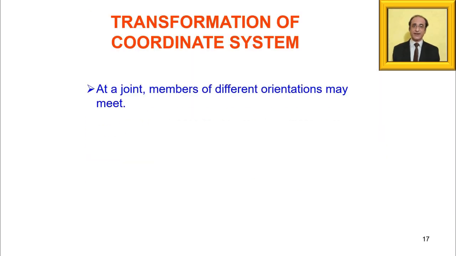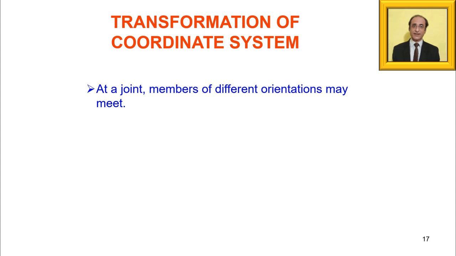Okay, now why do we need coordinate transformation? We need coordinate transformation because we have to enforce two things. One is the equilibrium condition and other is the compatibility condition. To enforce those, we need to transform all the forces of the adjoining members to the same coordinate system. Then only we can do it.